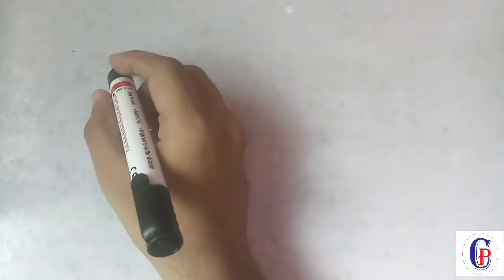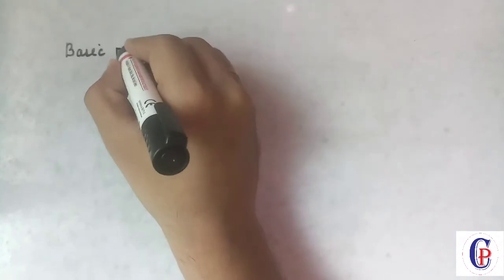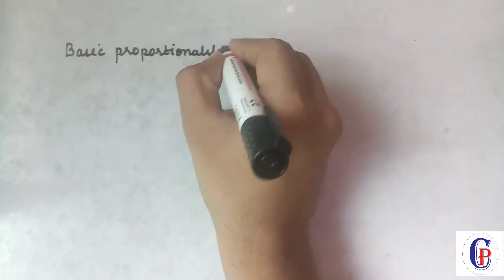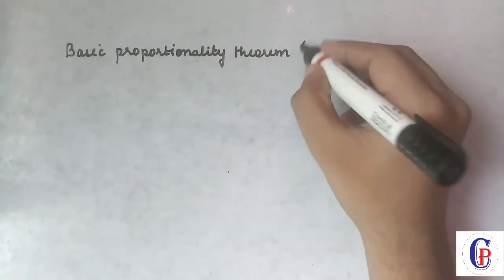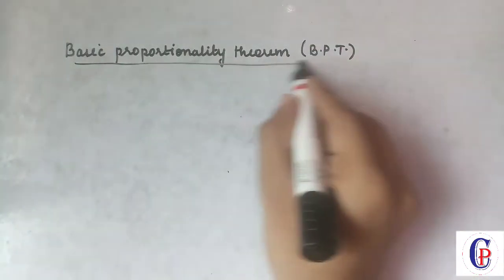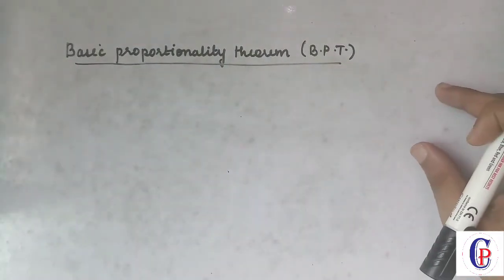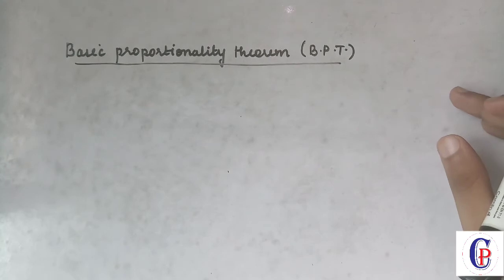So first the theorem is the basic proportionality theorem, in short BPT. Now I won't focus on the three lines it says, because that is not necessary in the exam.